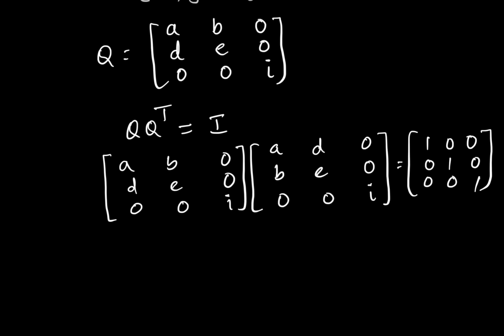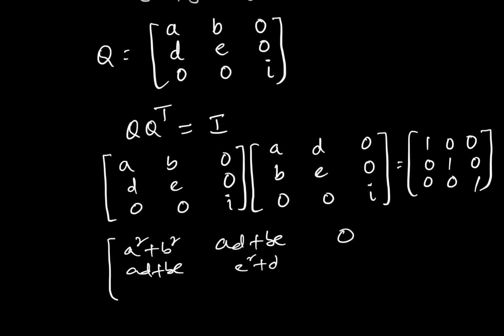Now multiply and compare the right hand side. What we get is, the first value is A square plus B square, and AD plus BE, 0. Same, this one AD plus BE, E square plus D square, and 0.